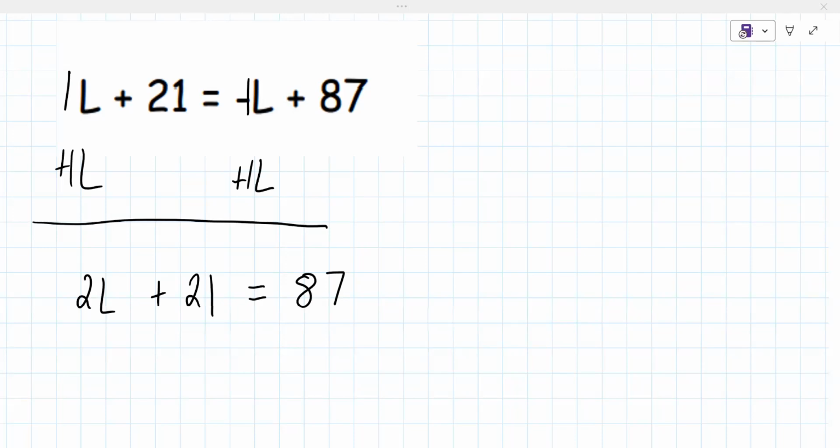Would it be L equals 33? That is correct. All right.